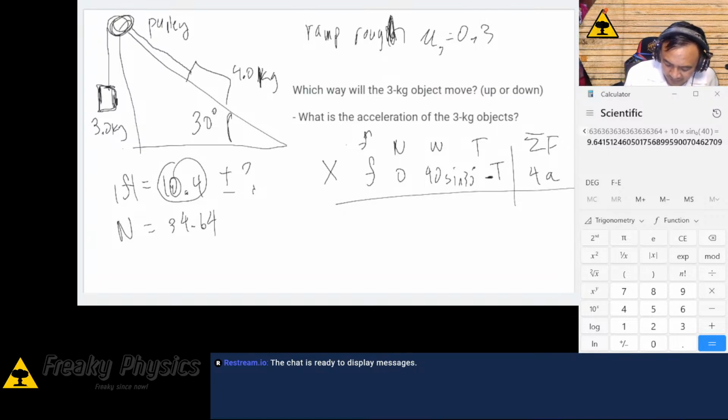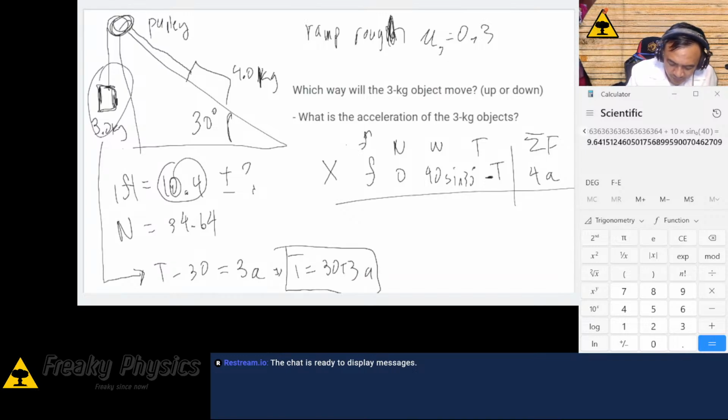Now, the thing is, we're going to look for T. But earlier, here, we also have another set of equations. We basically get T minus 30 is equal to 3a. That's important because here we can now say that T is equal to 30 plus 3a.